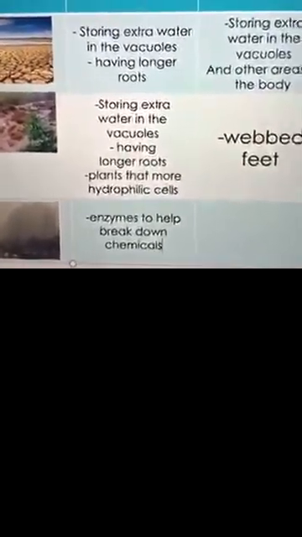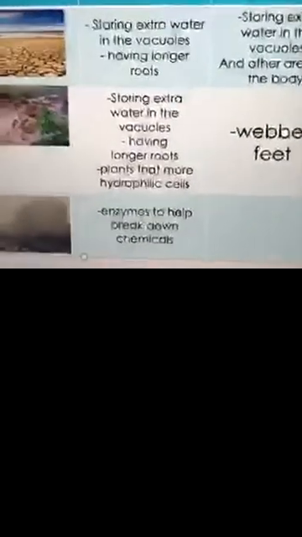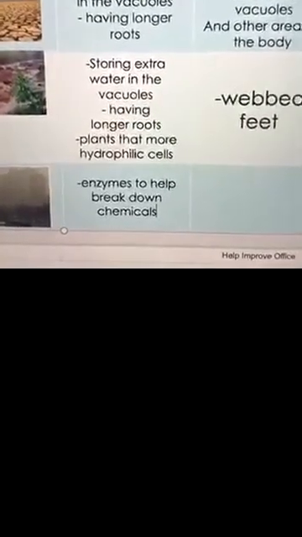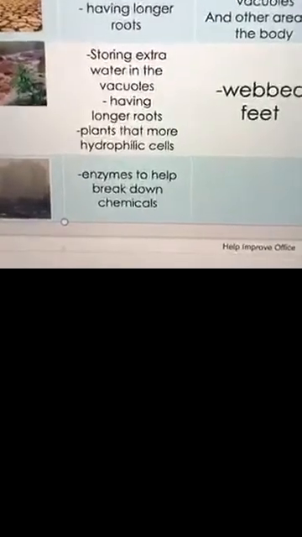Or if the carbon dioxide is not naturally in there, they can combine elements within those chemicals and create carbon dioxide from carbon and oxygen. So some plants have those enzymes that are able to thrive in areas where there's a lot of air pollution.